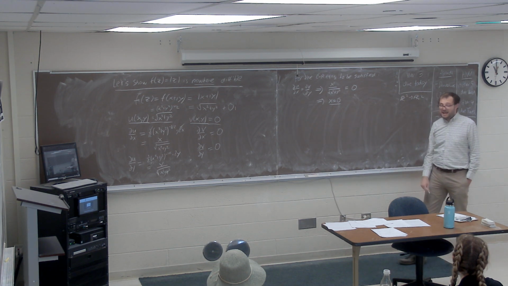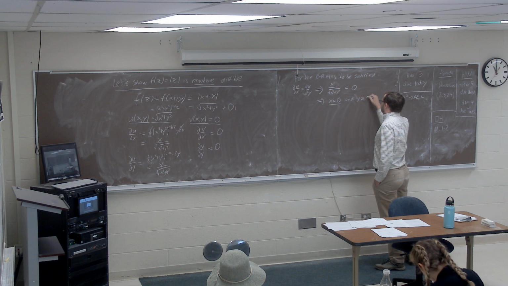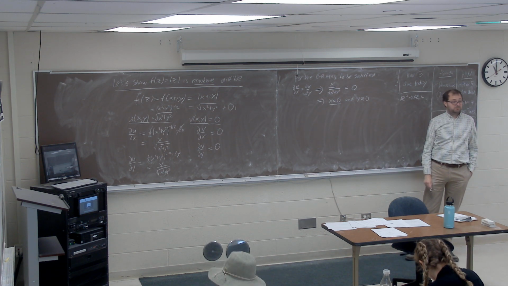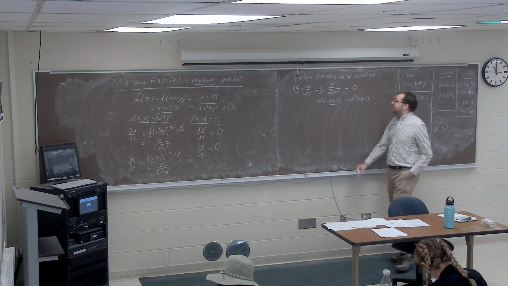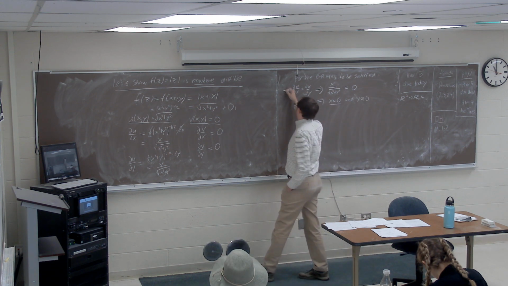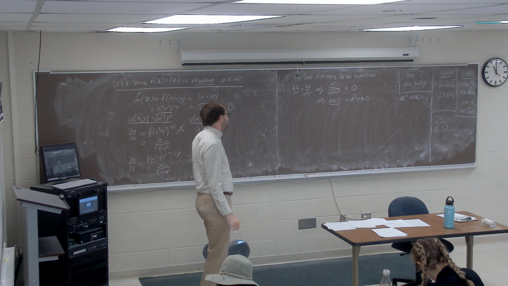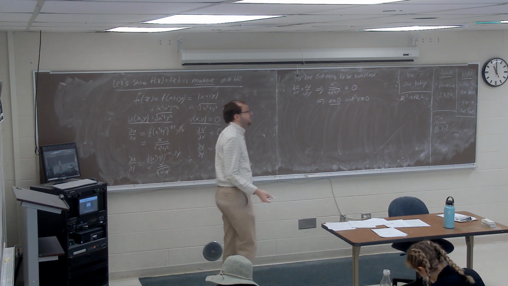Yeah, we would have to have that x equals 0 and y is non-zero, because if x and y were both 0, you would be dividing by 0 and that would be sad. So that's what we get from our first Cauchy-Riemann equation: in order for del u del x to be equal to del v del y, x is 0, but y is non-zero.